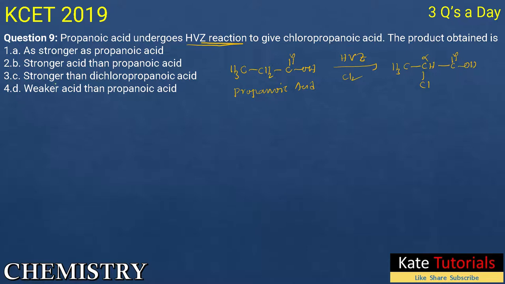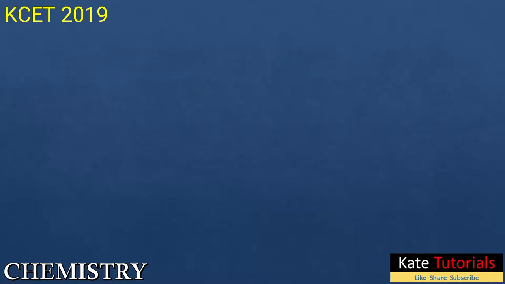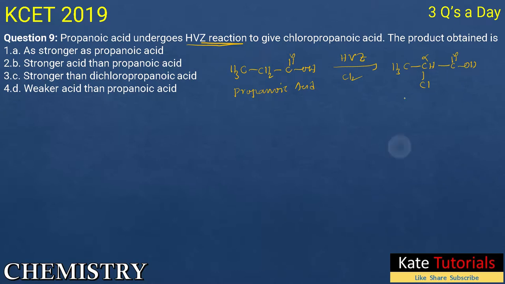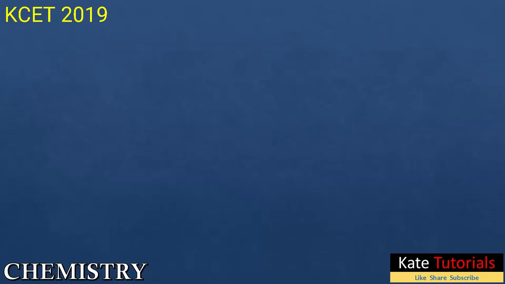So if you compare, see the options: A, as strong as propanoic acid; stronger acid than propanoic acid; stronger than dichloropropanoic acid; weaker acid than propanoic acid. So we have to compare the acidic nature of 2-chloropropanoic acid with this propanoic acid. See, this propanoic acid is an acid, no doubt. Why?